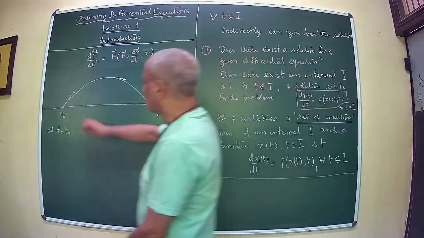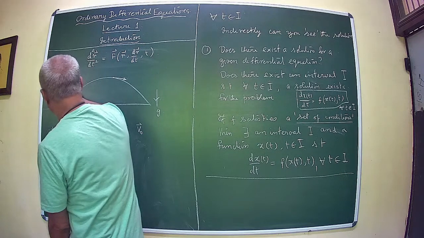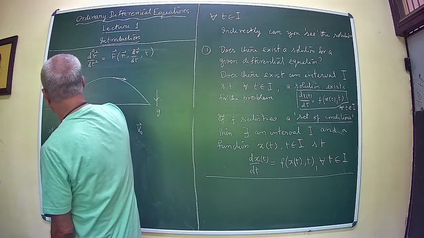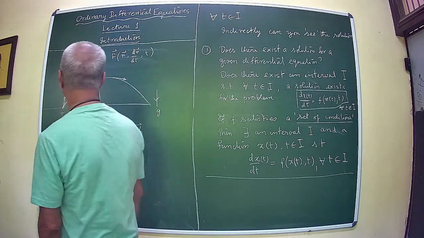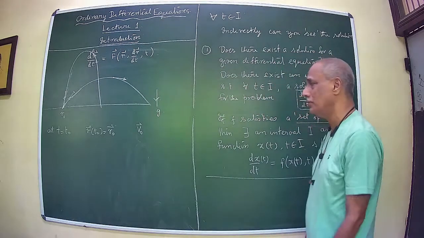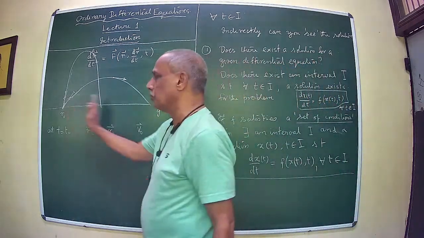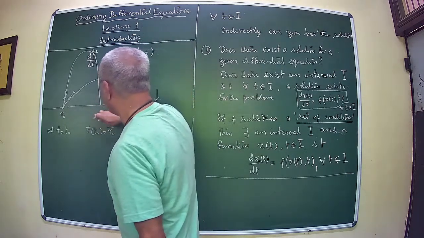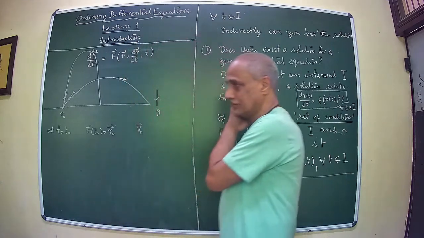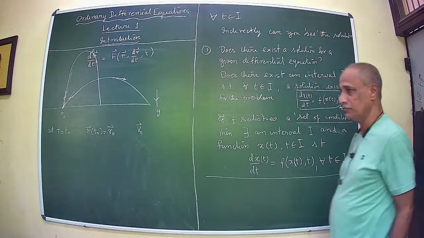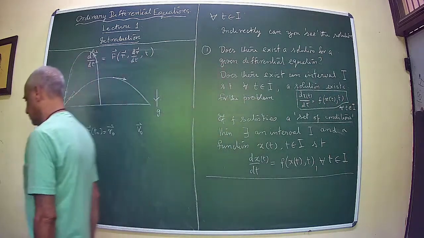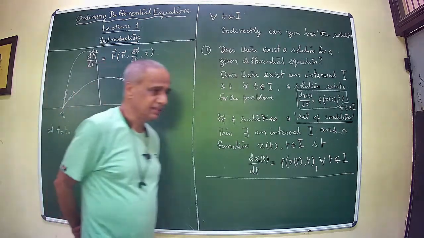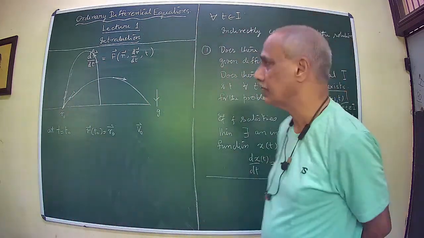Now suppose you were to change the initial velocity, something like this, then the path taken will be something like this. So you are interested to know where the particle is after you launch it, especially probably at a specific point where it hits earth again. Because your purpose of throwing the stone or sending out a missile is to drop it at a particular point at a particular time, whether that is achieved.